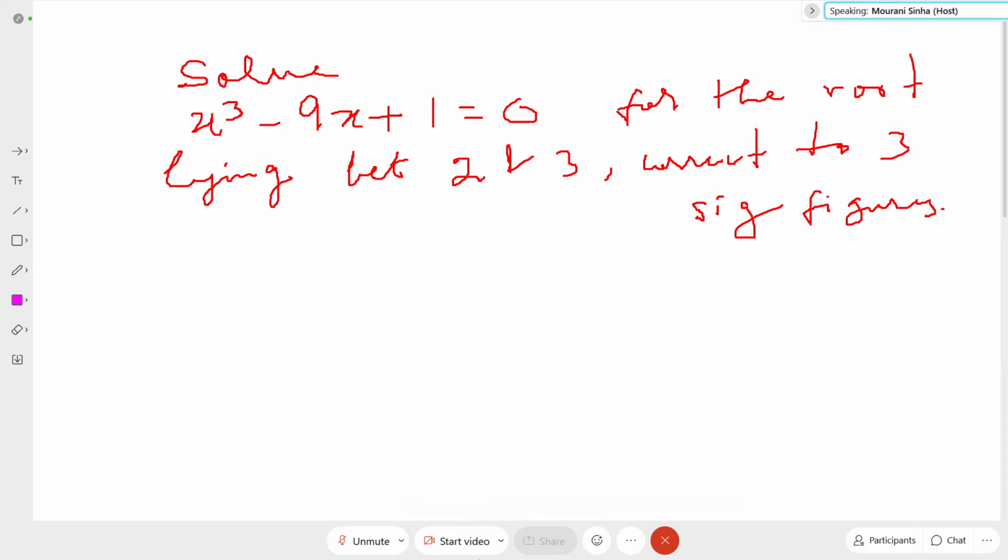Srijita has confirmed. Okay, so we are solving x cube minus 9x plus 1 equals 0 for the root between 2 and 3. My first step: the root lies between 2 and 3, so find f(2) and f(3).